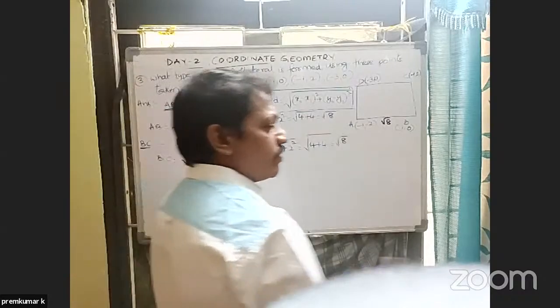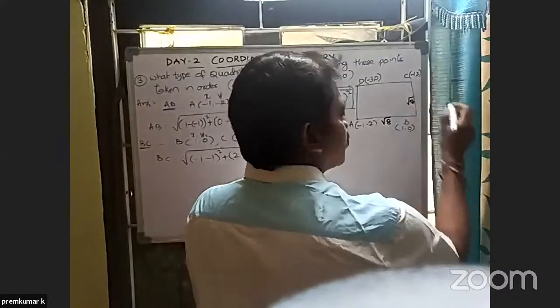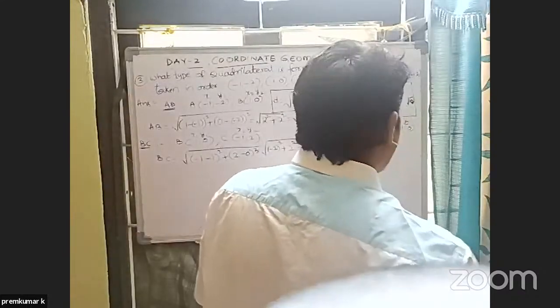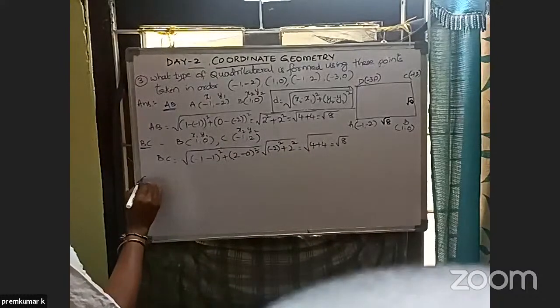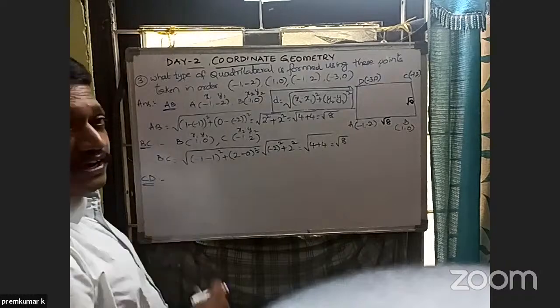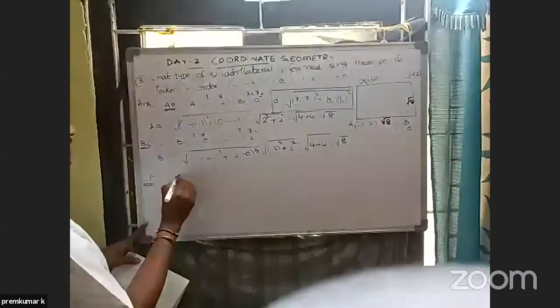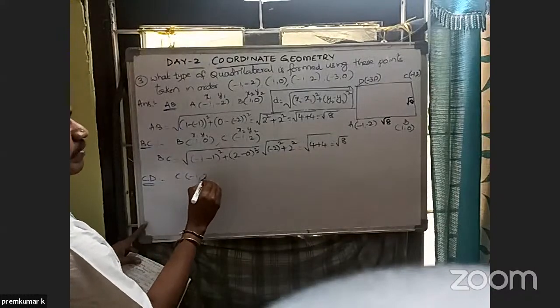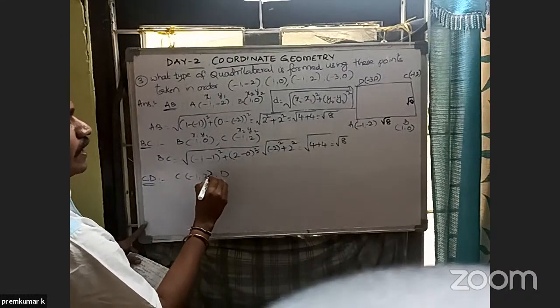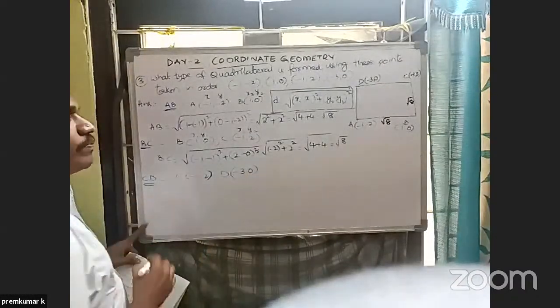This is also, we'll get the answer as root 8. Now I am going for CD. This is the distance of CD. C is (-1, 2) and D is (-3, 0).